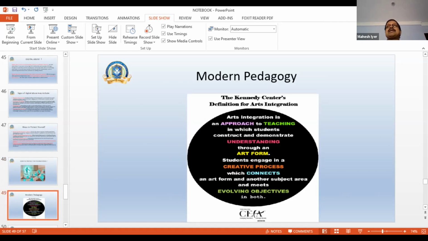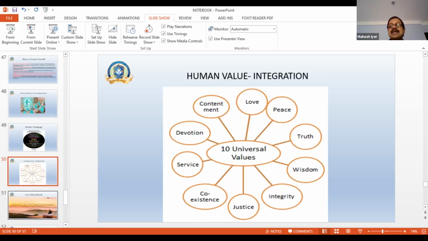It is now declared that let us have a modern pedagogy with art integration, music integration, and even any kind of artificial technologies integrated with our pedagogy and curriculum. Let us have human value integration pedagogy, human value integration curriculum. That is what we are missing if we are completely techno-savvy.